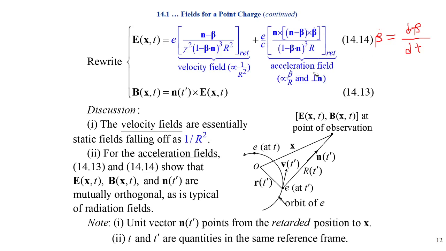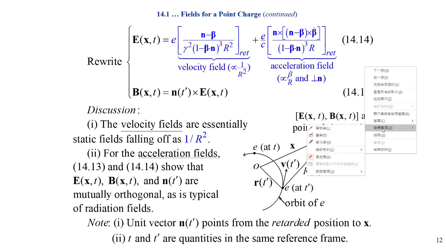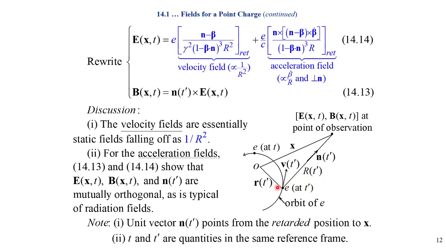So the acceleration field is proportional to beta dot over r and is perpendicular to n. n is the direction of propagation from the source to the observer. n, once again, is from here to here.